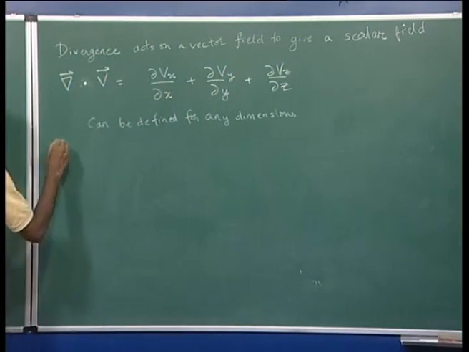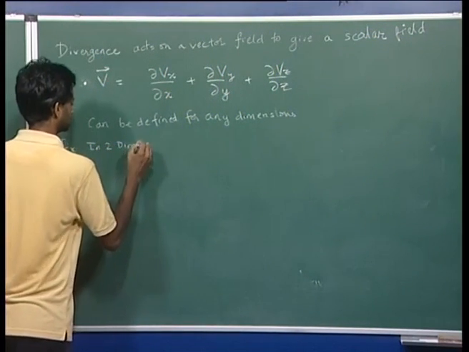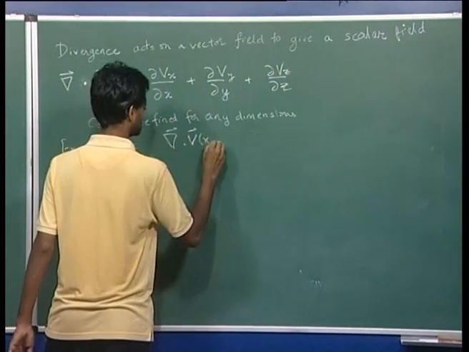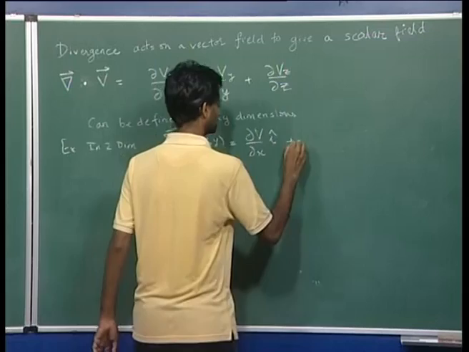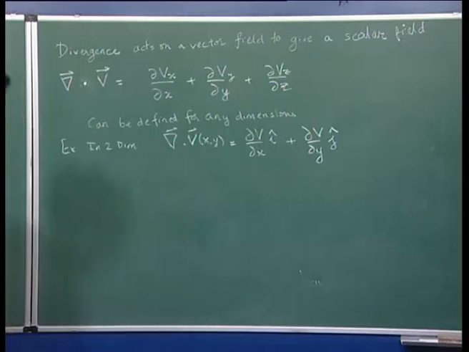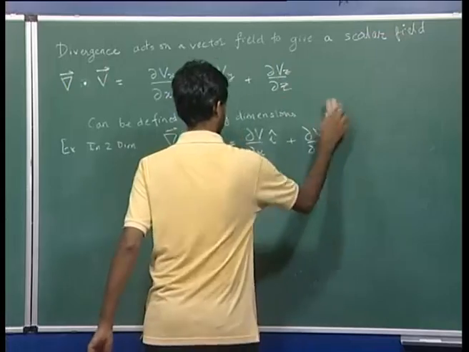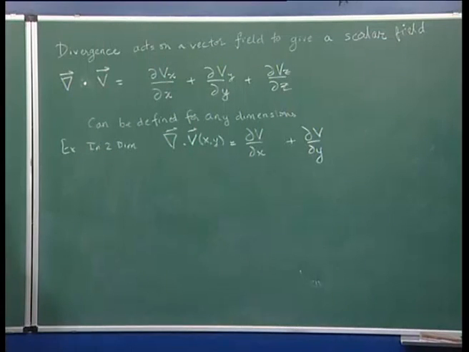Okay, so let us do an example in 2 dimensions. This is the definition of the divergence. Okay. So, let us look at examples of certain functions.